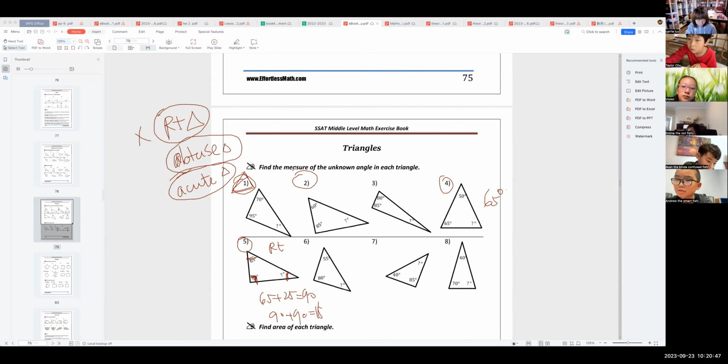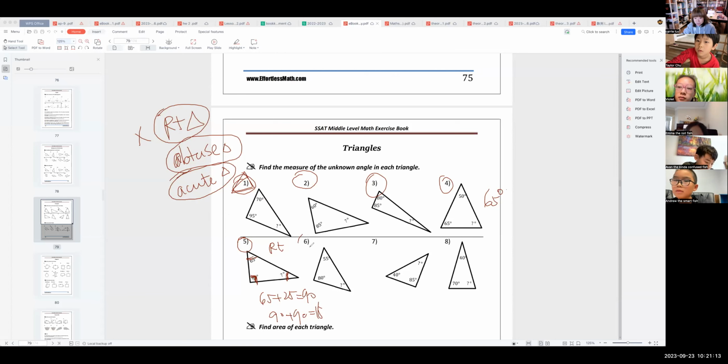Okay, number 2, Andrew, what kind of triangle is it? Acute. Very good. Number 3, Evan? Acute. Very good. Number 4, Emma. Acute. Very good. Number 5, Violet. Right.